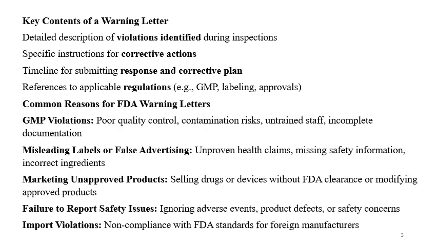Then, what are the contents of the warning letter? It contains a detailed description of the violations identified during the inspections and audits, specific instructions for the corrective actions, timeline for submitting the response and corrective plan, and references to applicable regulations like GMP, labeling and approvals.